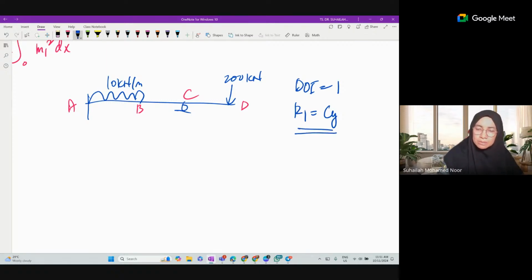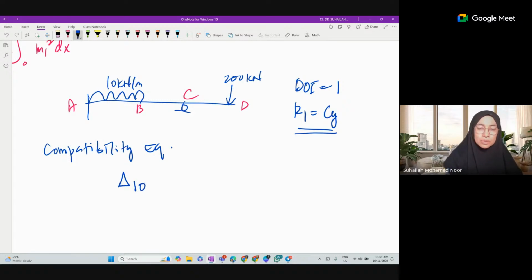So from this, we know the general equation of the principle of superposition will be written as, because CY is a force, so we know that this should be delta, right? So the compatibility equation we can write directly is delta 1 knot standard form.